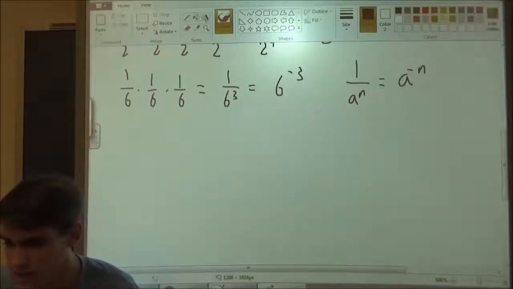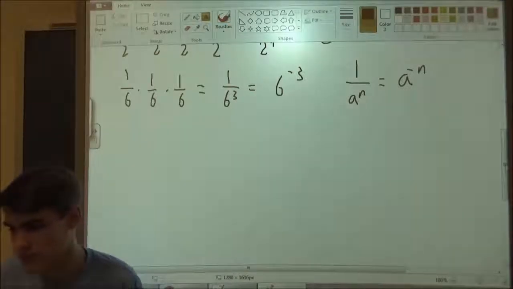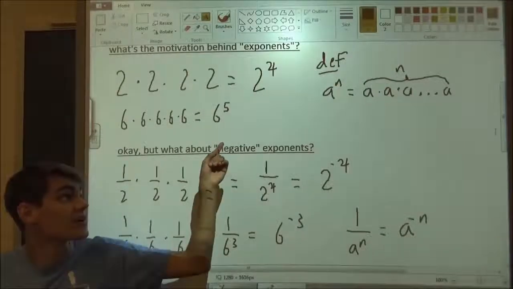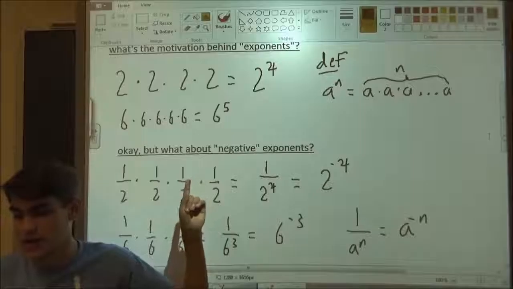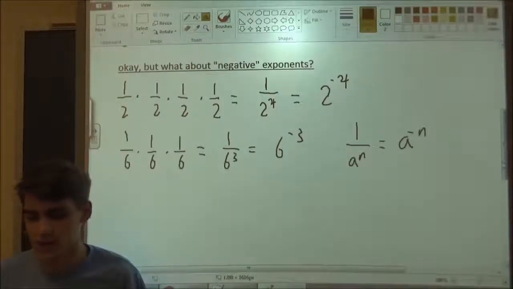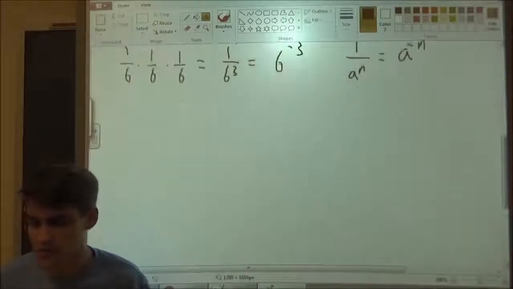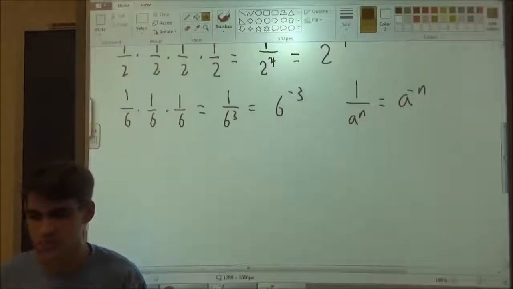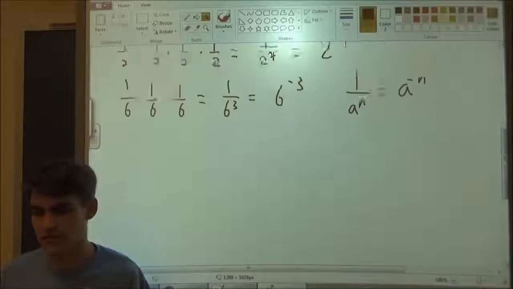Basically, it has the same motivation as above. Instead of having to keep writing 1 over 2 to the whatever, we're just saying, whenever we have an exponent on the bottom of a fraction, we'll just bring it up to the top of the fraction and give it a negative sign.